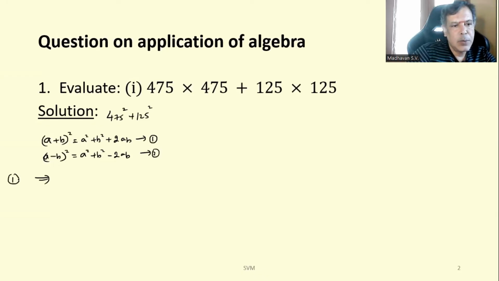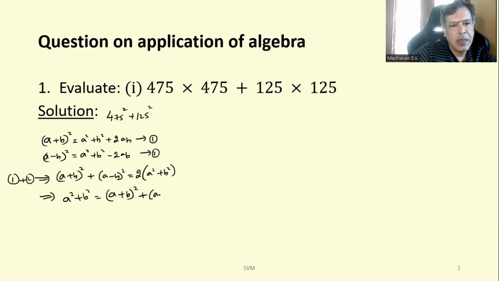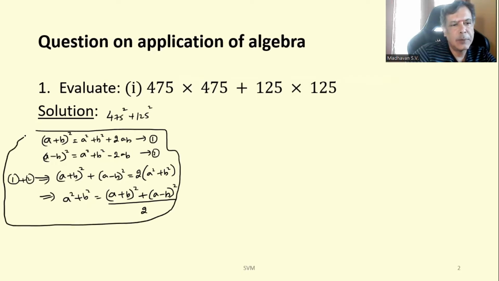So 1 plus 2 implies a plus b the whole square plus a minus b the whole square should be equal to 2 times a square plus b square, or we can rewrite this as a square plus b square is equal to a plus b the whole square plus a minus b the whole square, the whole thing divided by 2. So we will use this now to solve this particular question.